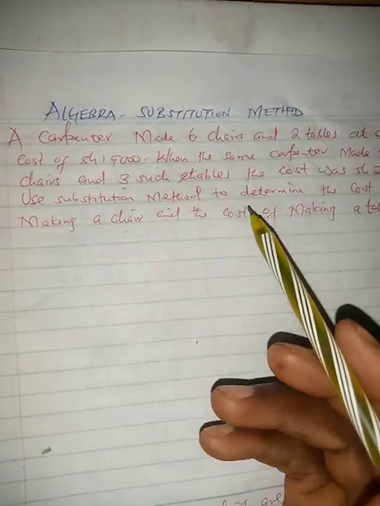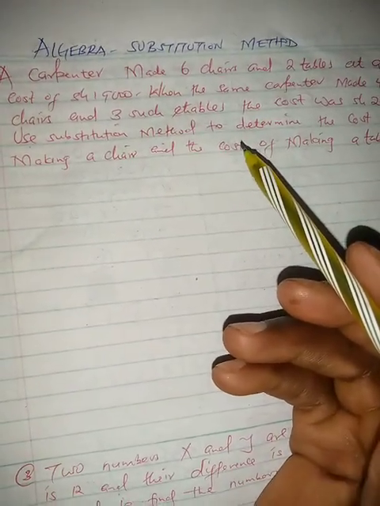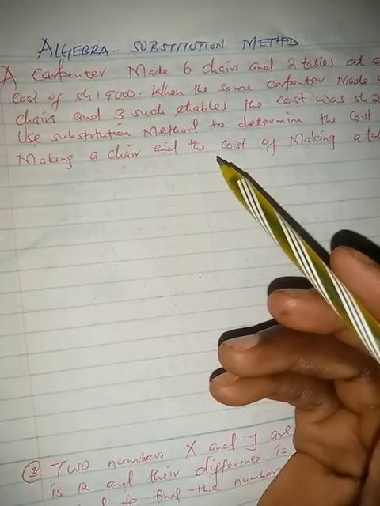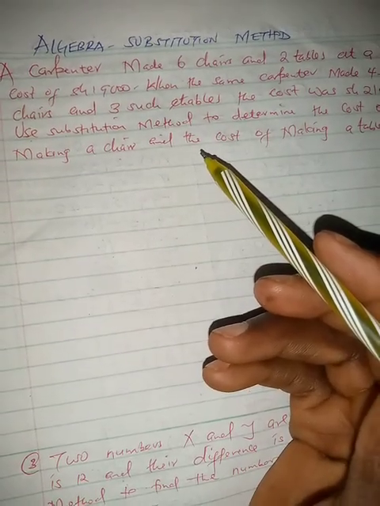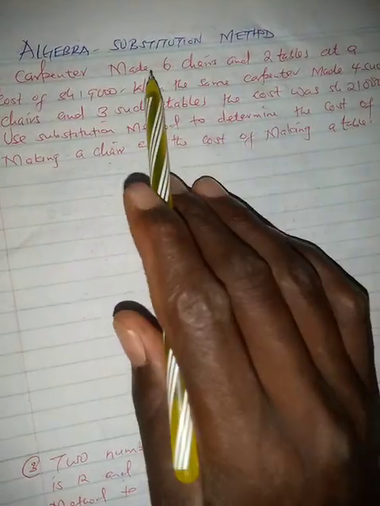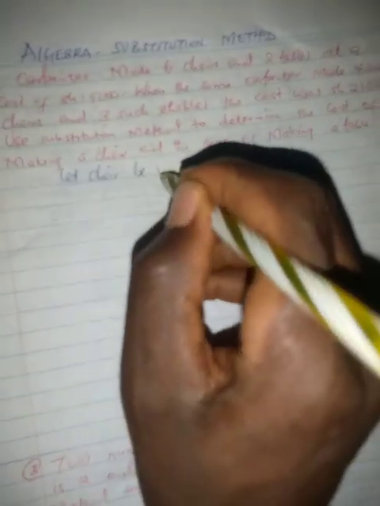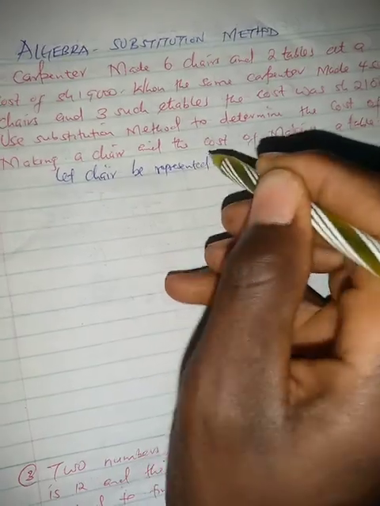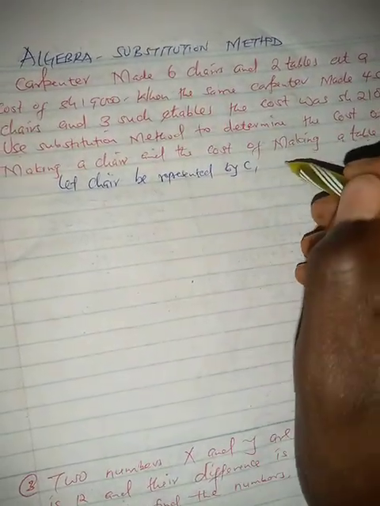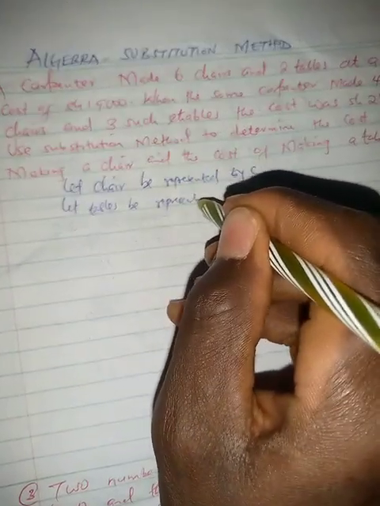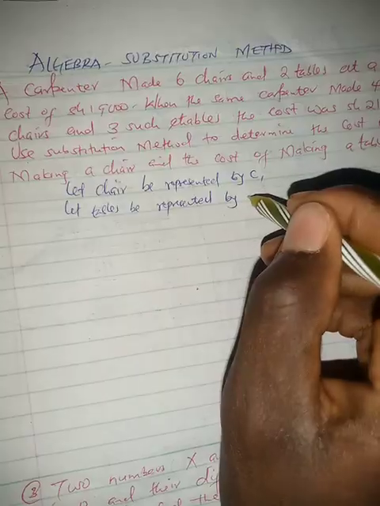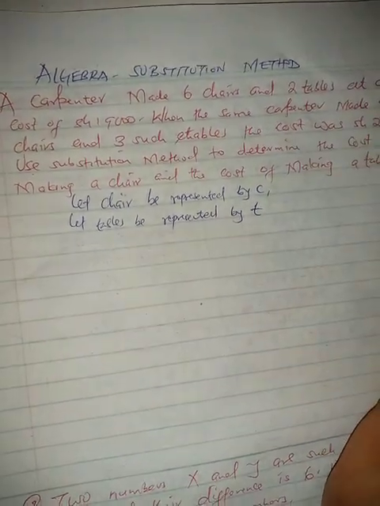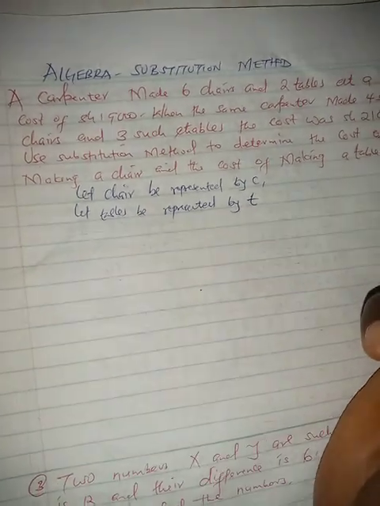Now it is good, once you have been given a question of this kind, in terms of sentences, you make the equations, and then from there you continue. So we start there. We say let chair be represented by C, and let tables be represented by letter T. Then from there we form the two equations.